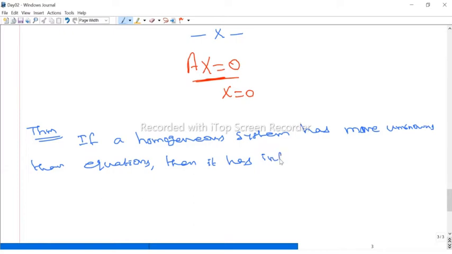So if the number of unknowns is more than the number of equations, then it has infinitely many. This is only for homogeneous systems, not for non-homogeneous systems.